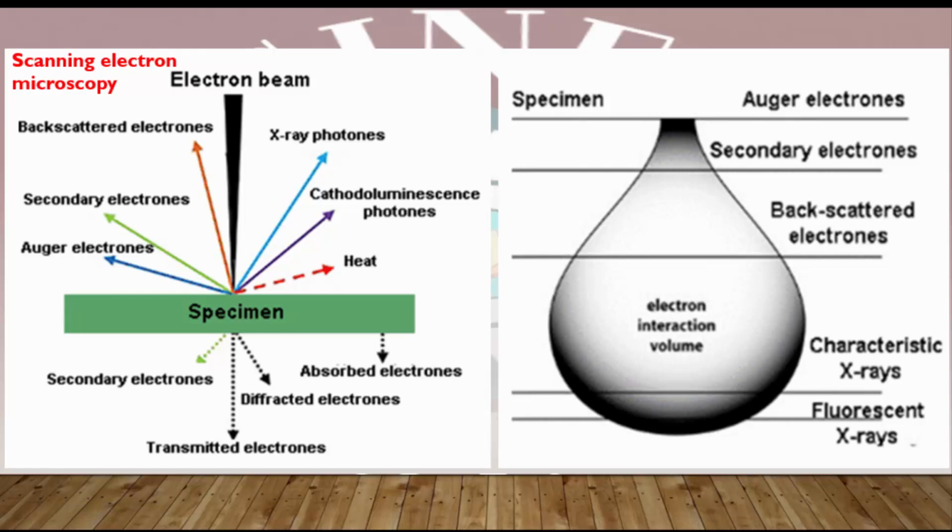The upper portion of the electron beam schematic, showing secondary electrons and backscattered electrons, can be used in scanning electron microscopy, and the things below the specimen are used in transmission electron microscopy.